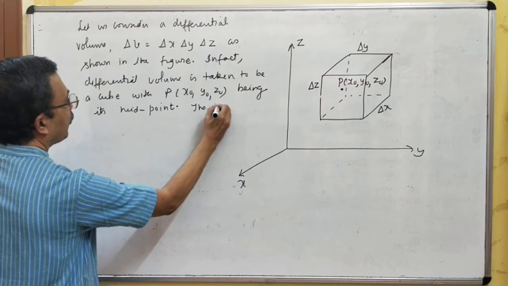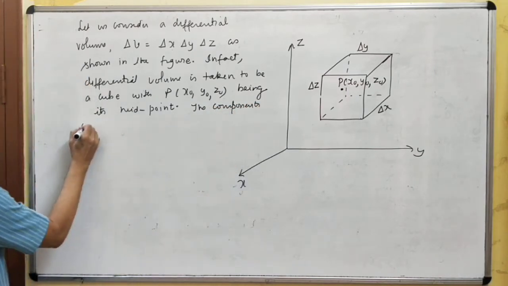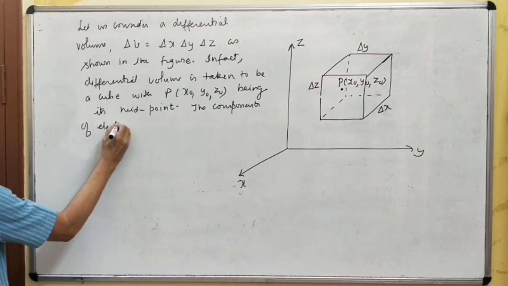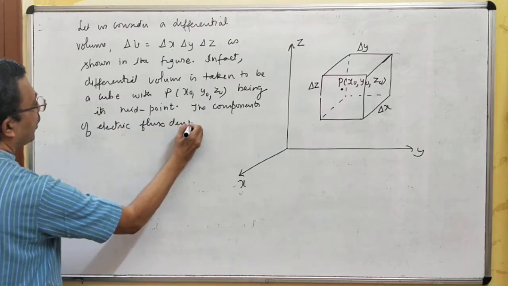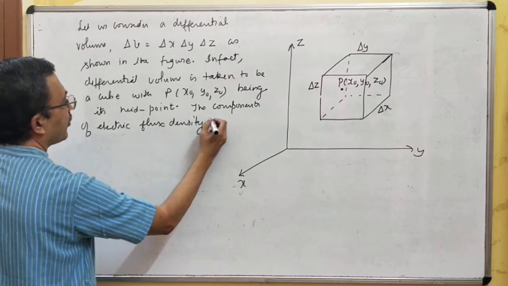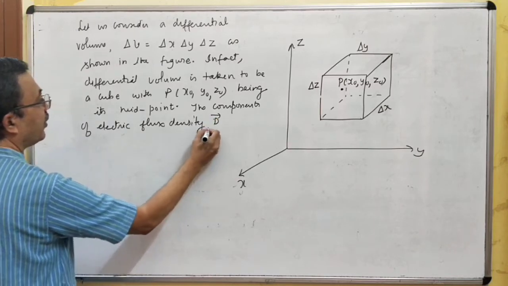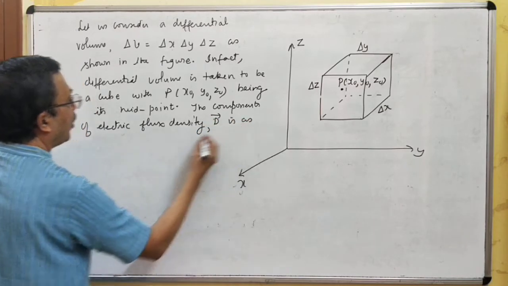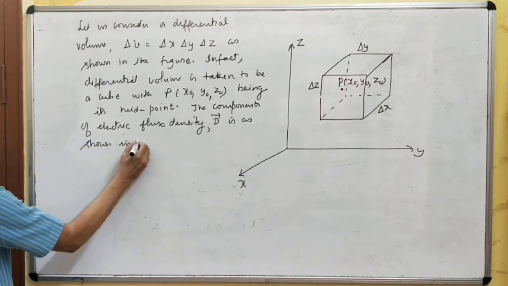The components of electric flux density vector D are as shown in the figure.